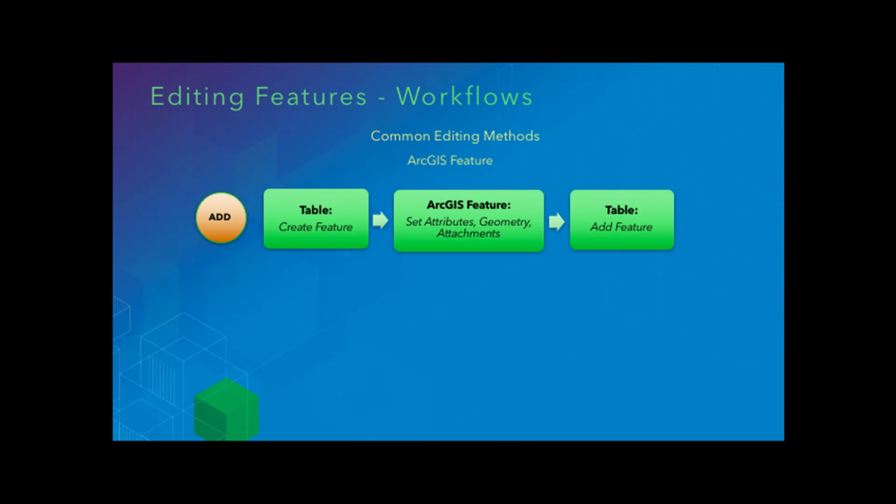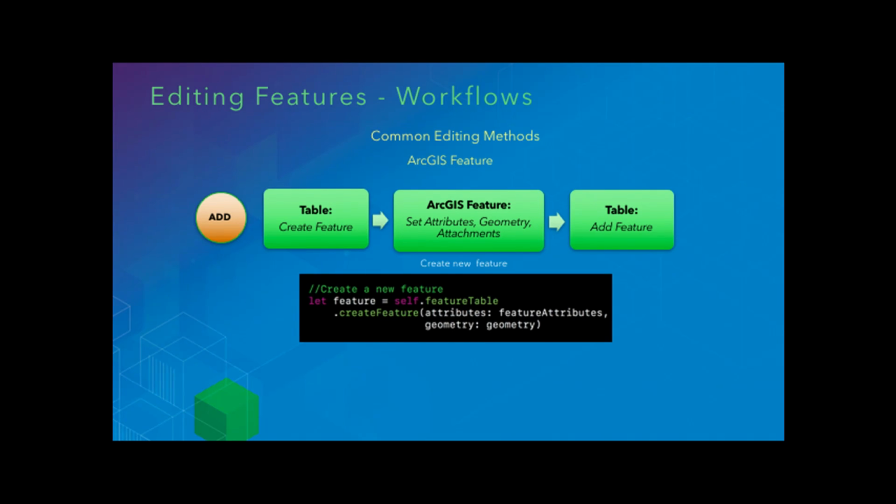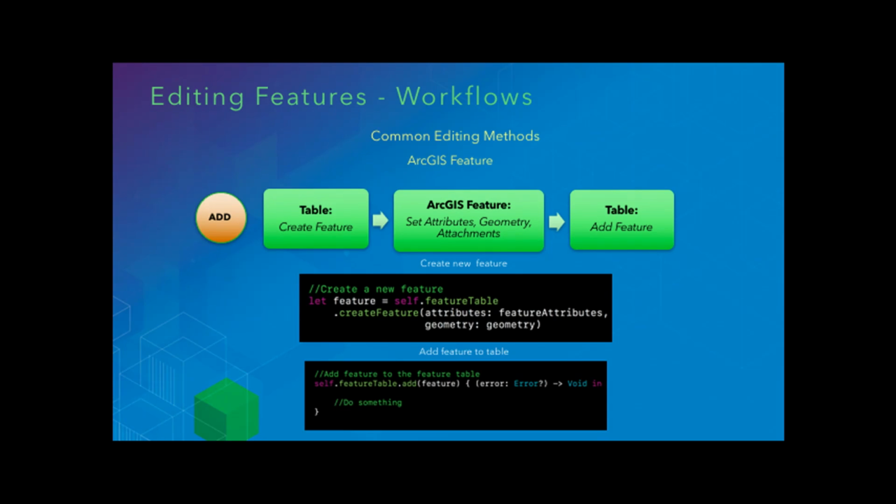So to add, a new feature is created on the table, and attributes, geometry, and attachments can then be set on the feature. This code snippet, for example, shows an overload of the create feature, which takes in some attributes and geometry. So this creation process is all done in memory, and you need to add the feature to the table in order to commit it.